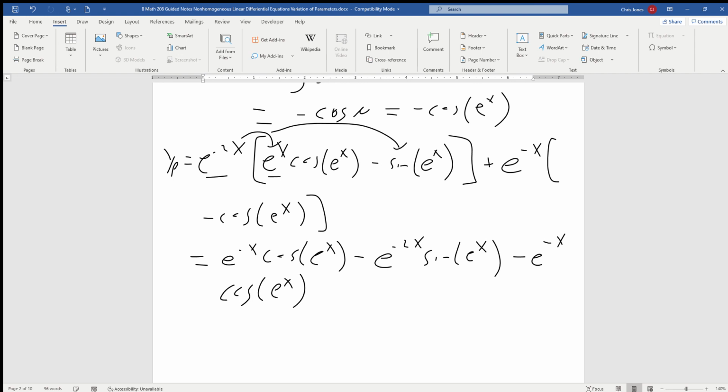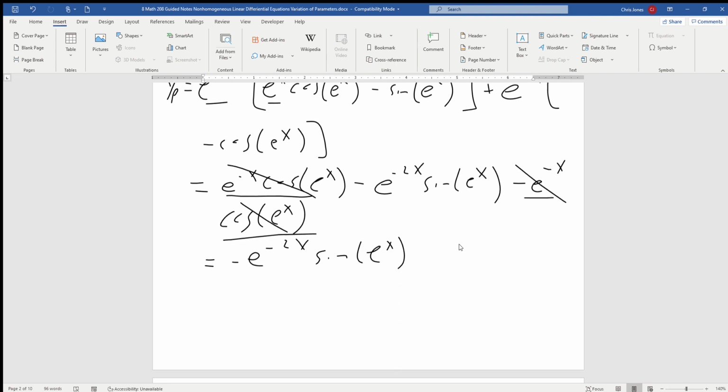All right, and what you'll notice is that this term and this term are opposites. So they cancel out. So after all of that, yp is negative e to the minus 2x sine e to the x.